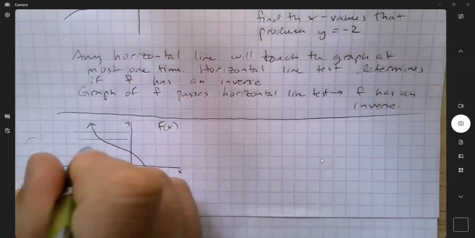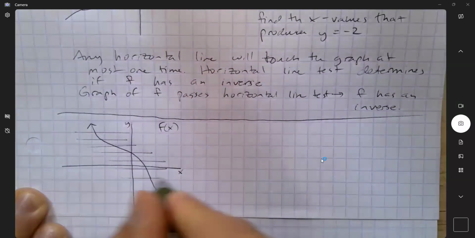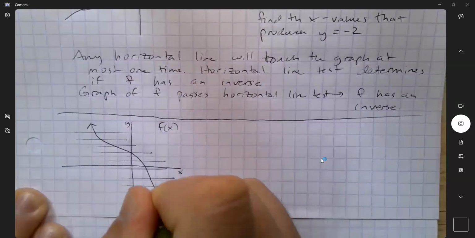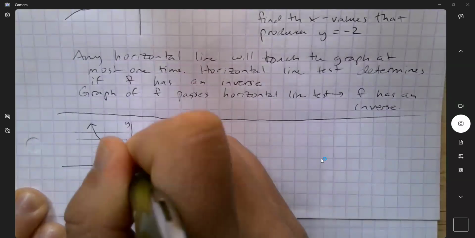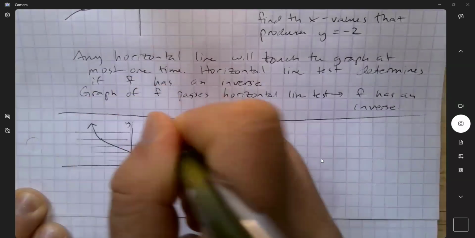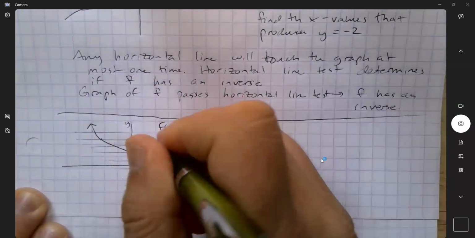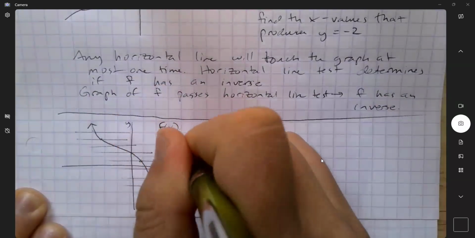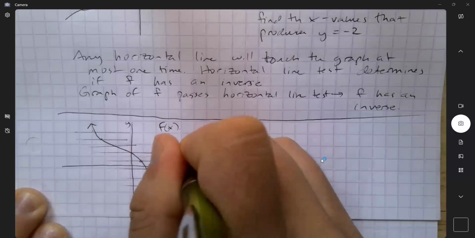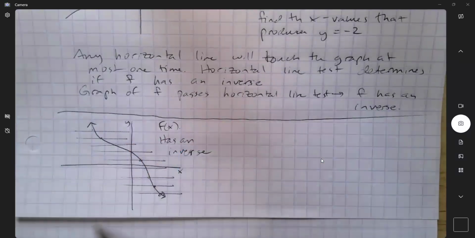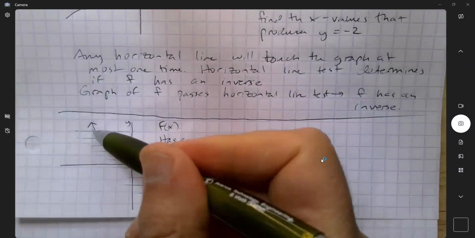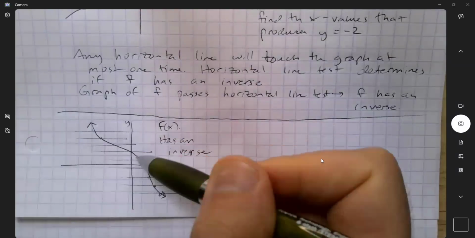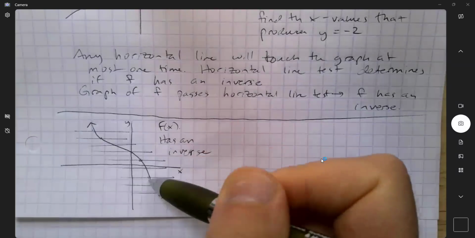And anytime I cross it with a horizontal line, it touches in at most one place. So f has an inverse. And the reason this test works is because no matter what y value you give me, I can always tell you exactly which x value it came from.